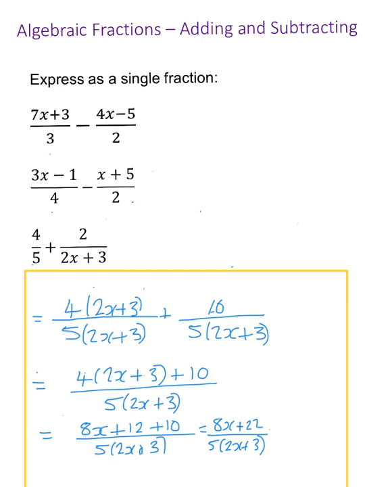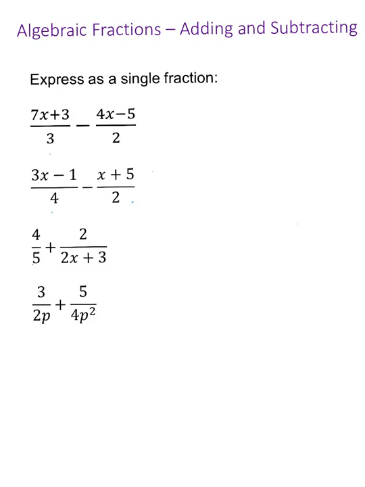And factorising the numerator will give me 2 bracket 4x plus 11, over 5 bracket 2x plus 3. And I can't simplify anything any further, so we leave our answer as that.